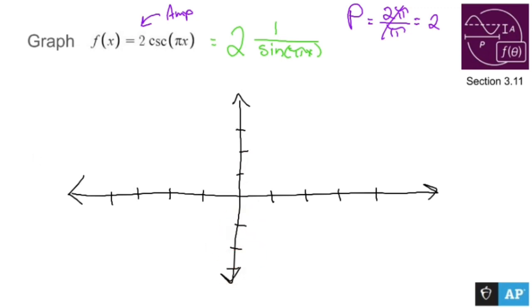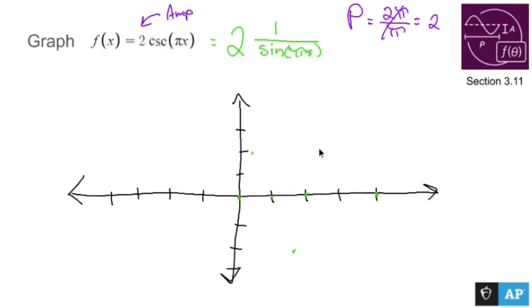All right. So drawing out my rough draft of what this looks like. I have an amplitude of 2. I have a sine whose period is 2. So I start here. Everything repeats. So I go up to 2, come back down, go down to -2, come back up.